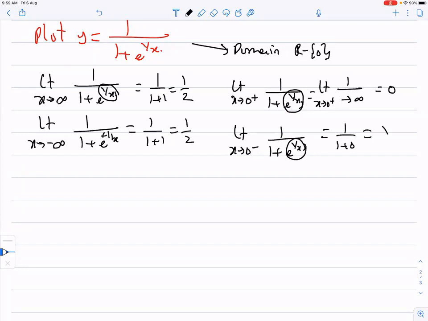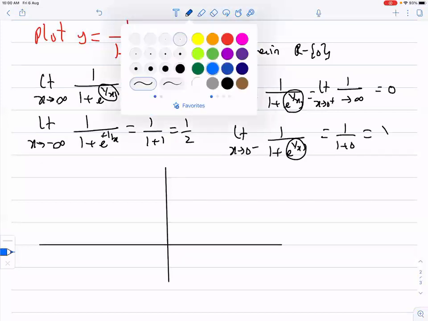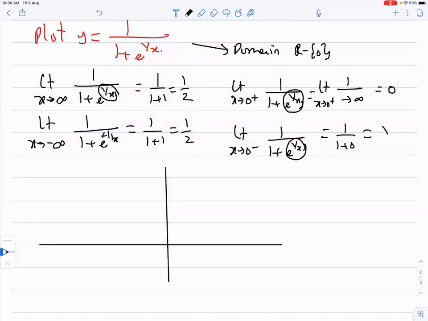What is happening is, if you look at the graph of it, first plot y equal to half.